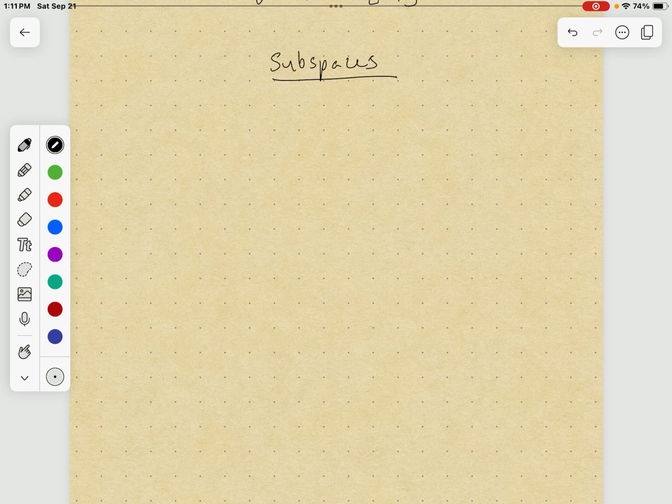So here's the definition. Suppose that you have a vector space (V, +, ·). Now how come I didn't just say let V be a vector space?